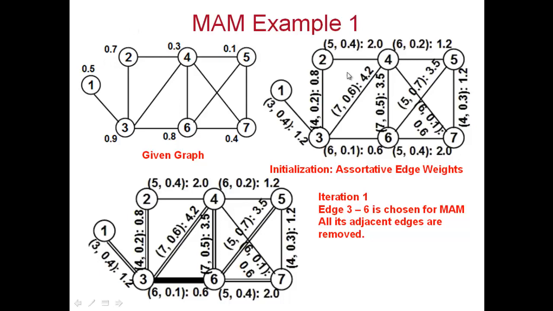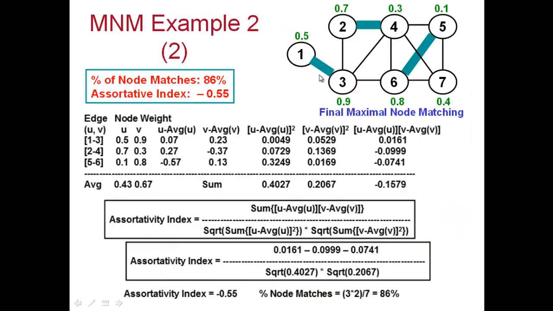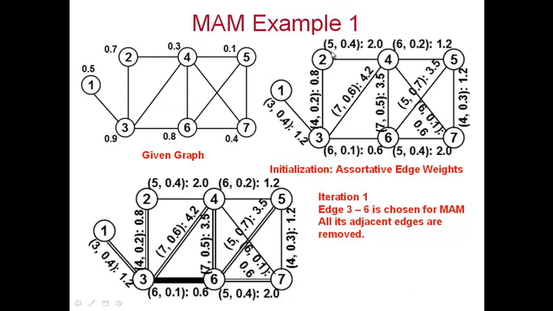So in the maximal node matching case, we preferred edges with a smaller coverage weight, right? And we want to minimize the differences. That means the second value in the tuple should also be smaller. So we prefer a smaller value for the first entry and a smaller value for the second entry. So the product needs to be also smaller.